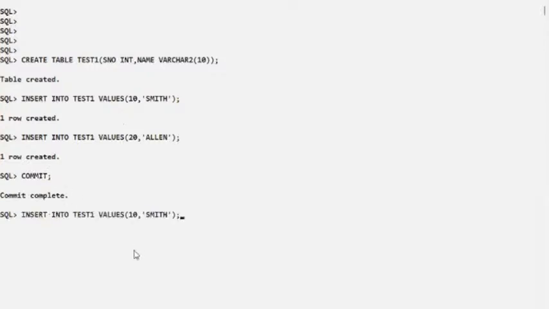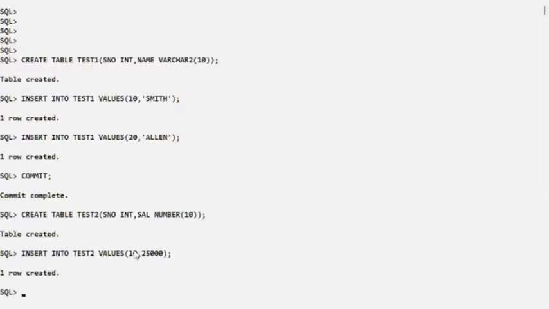After that, I'm creating another table called test2, with a serial number and salary as a number. I insert into test2 the values 10 comma 25,000 salary, and then 30 comma 15,000 salary.